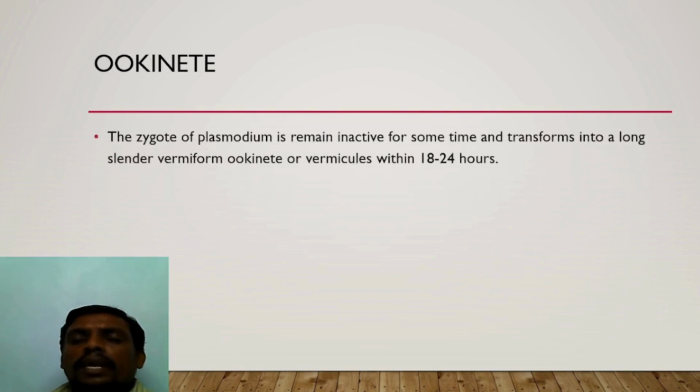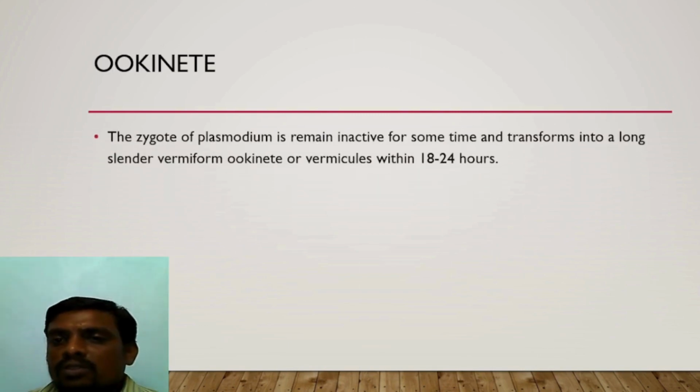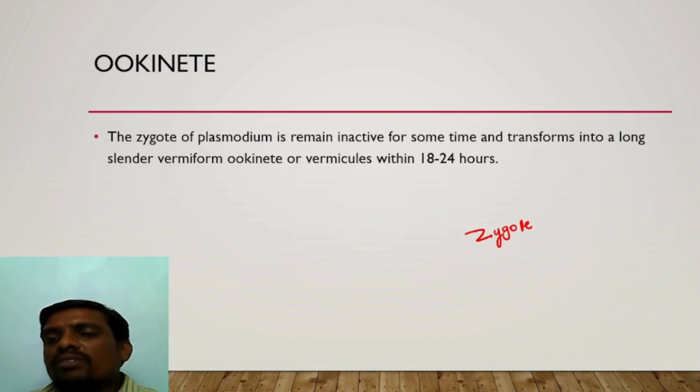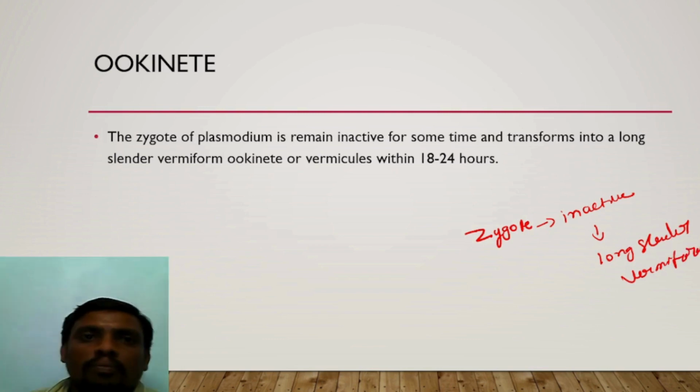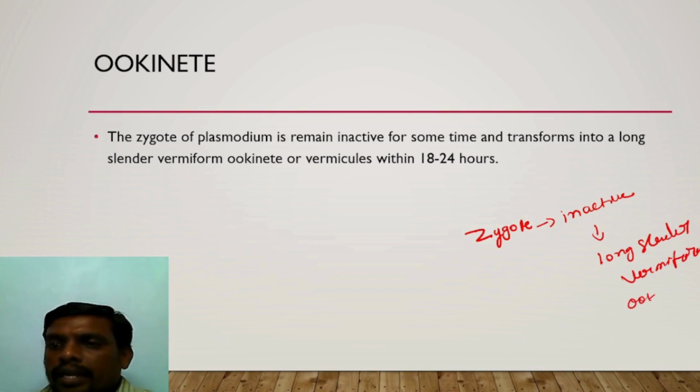What do you mean by ookinete in case of Plasmodium vivax? After male gamete and female gamete fertilization, the zygote of Plasmodium vivax remains inactive for some time and transforms into a long, slender, vermiform ookinete, which is nothing but a vermicule.